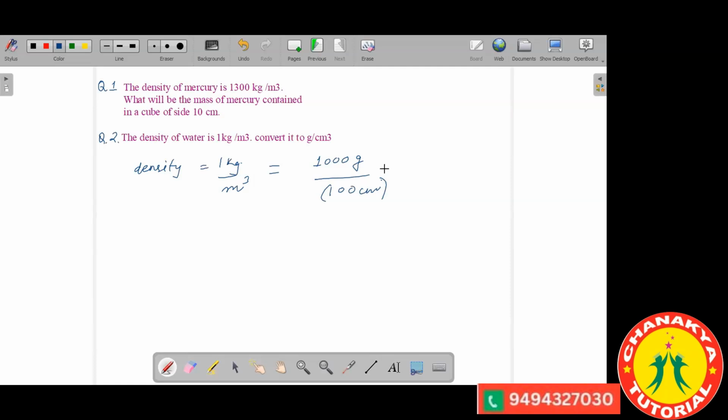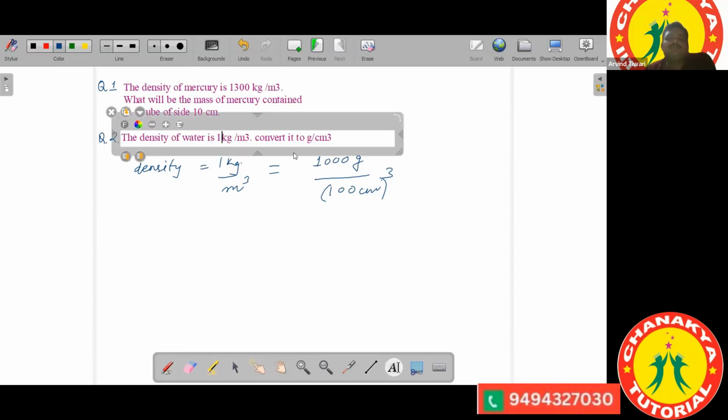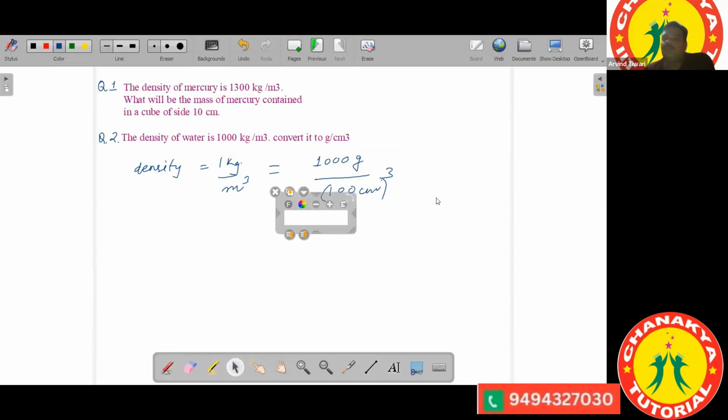Yes, sir. Okay. So if you convert this, you will get a very small value. But here, this is not for water. Just erase this. For water, this is not the density. For water, the density is 1000 kilogram per meter cube.